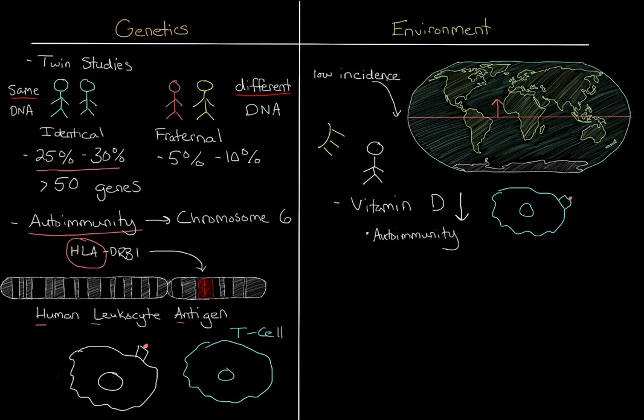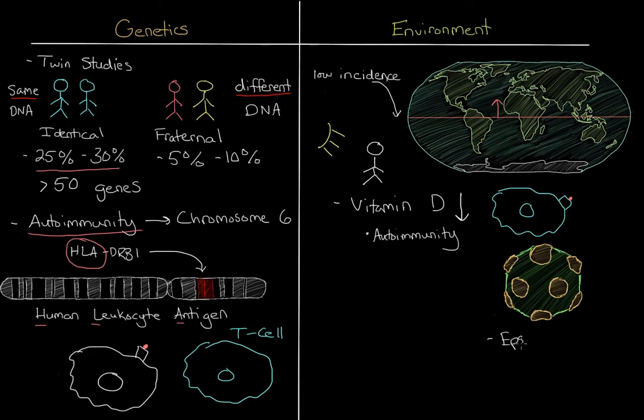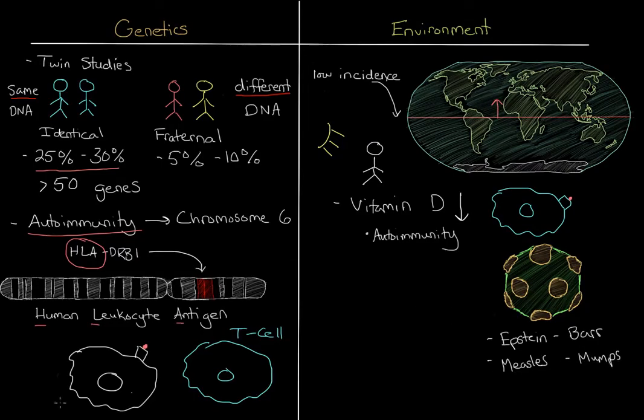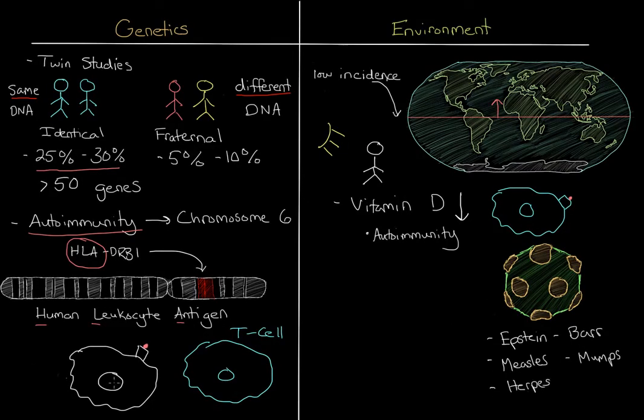Another environmental factor is exposure to some kind of virus in your childhood. So what kind of virus are we talking about here? Well, there are a lot of different viruses that may be implicated. So for example, the Epstein-Barr virus, measles, mumps, and even herpes. So it's really important to note that these viruses themselves do not directly cause multiple sclerosis.